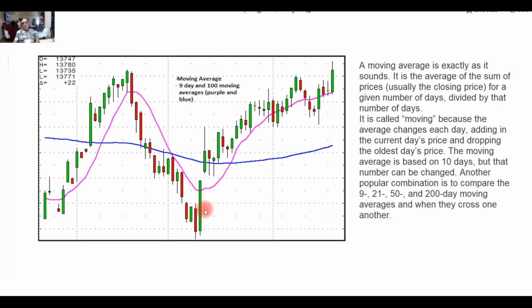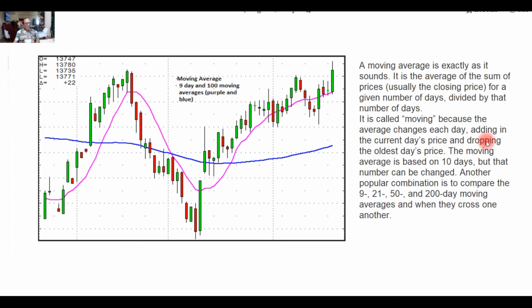They also use the 200-day moving average, and once the price passes below the 200-day average, we could call that a bear market for the stock, and it's hard to recover from those things when you're way below the 200-day price. Moving average is exactly how it sounds.